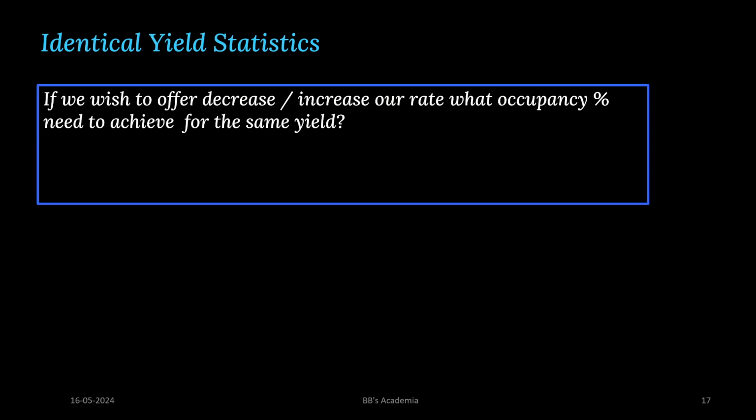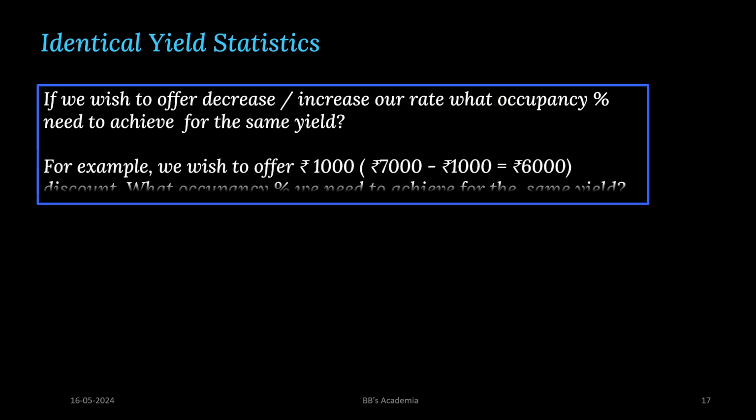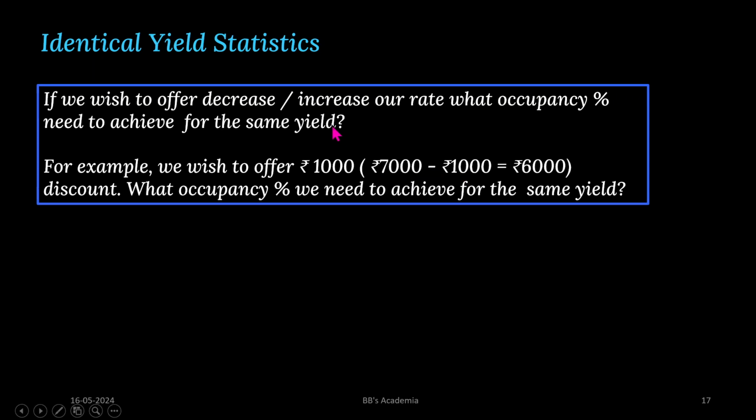For example, we wish to offer a discount of 1,000 rupees. The rack rate was 7,000 rupees, and the rate will finally be 6,000 rupees instead of 7,000. What occupancy percentage will you need to achieve for the same yield?